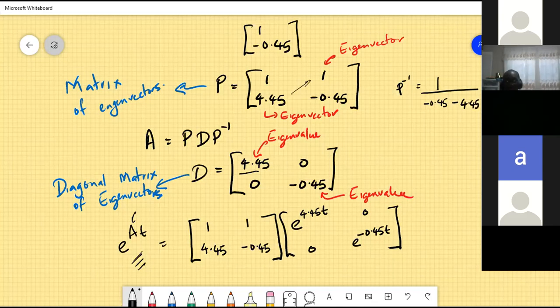Switch these around. Change the sign on the diagonal here. So it's negative 4.45.